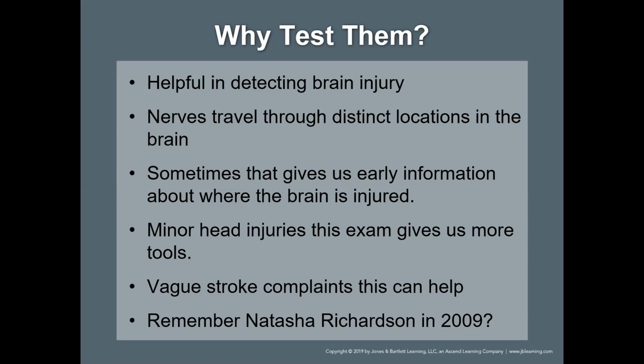Remember Natasha Richardson in 2009, the wife of Liam Neeson, that was skiing on the bunny hill and fell over. She did not have a helmet. She didn't get knocked out or anything like that.